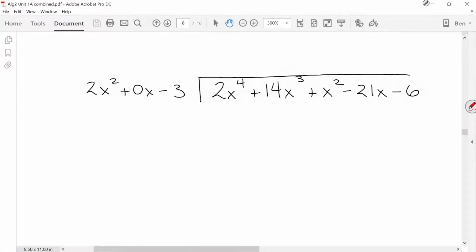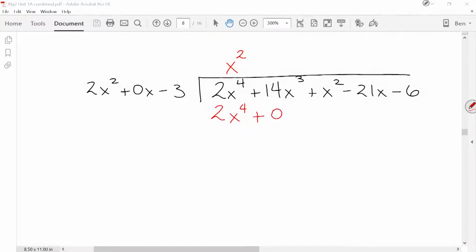So I'll rewrite this including my missing x's. All right, here we go. 2x squared times what is 2x to the fourth? Well, it's x squared. And then I multiply x squared times each term in the divisor. So x squared times 2x squared is 2x to the fourth, and this should be the exact same thing as what's above it. And x squared times 0x, well, anything times 0 is going to be 0.